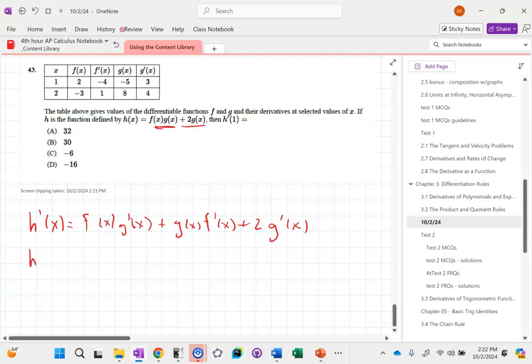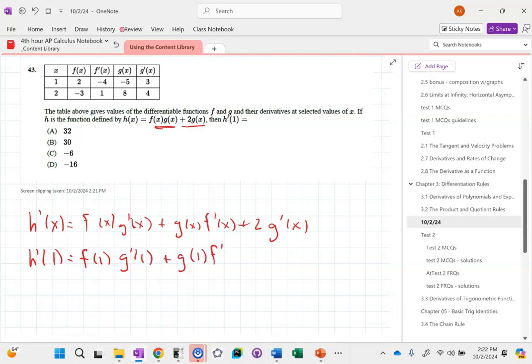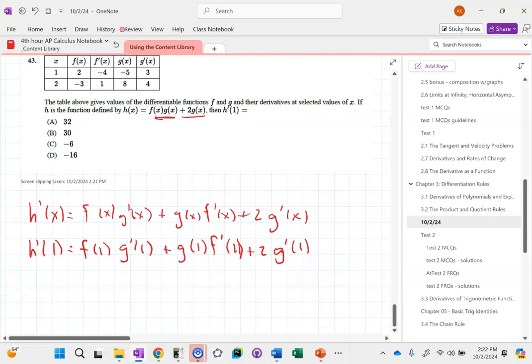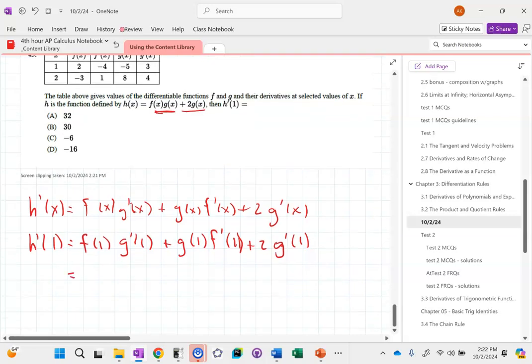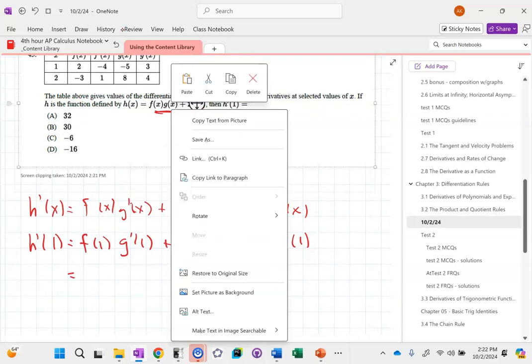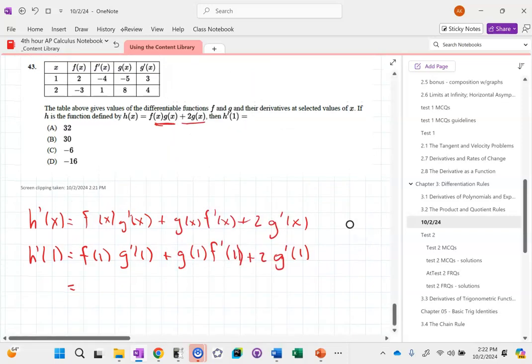Okay. And then we're plugging in 1. So I have f of 1 times g prime of 1 plus g of 1 times f prime of 1 plus 2 times g prime of 1, excuse me. And I'm going to go to my table here. So I'm just looking at this row. That extra row is not helpful to me.